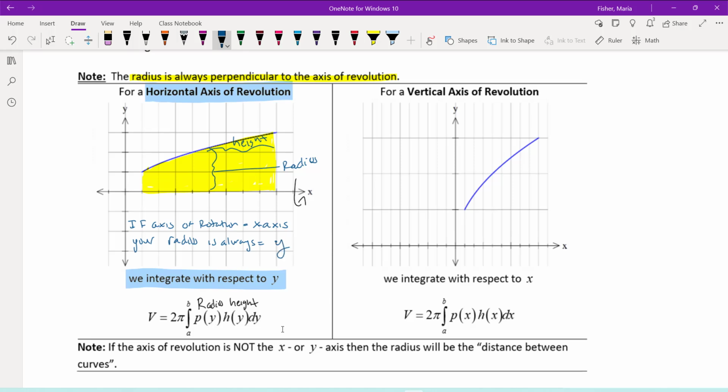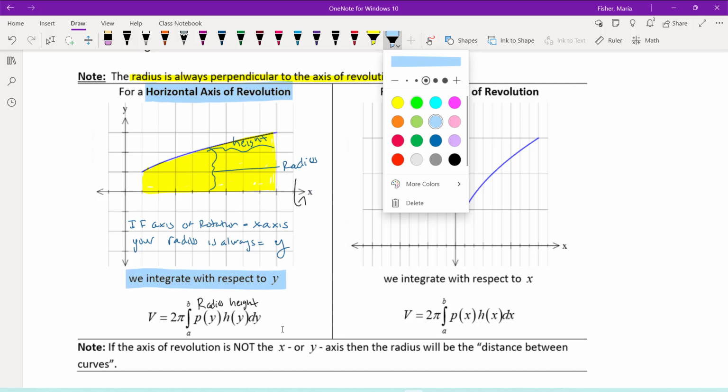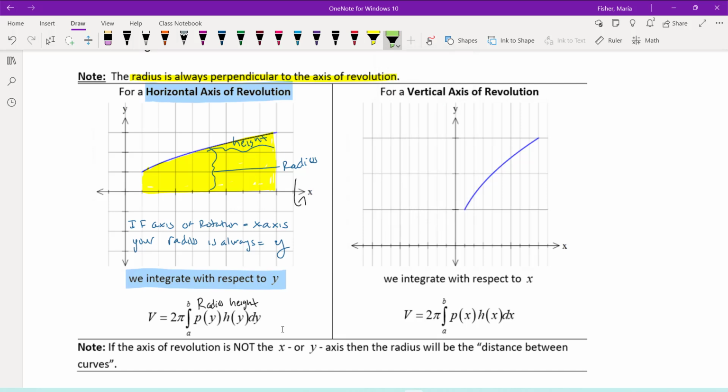Now let's look at a vertical axis of rotation. So if we have a vertical axis of rotation, for the shell method, we're going to integrate with respect to x. So if we have this region right here, and let's say we're rotating this region right here around the y-axis, our radius again is always going to be perpendicular to that axis of rotation. So here's our radius.